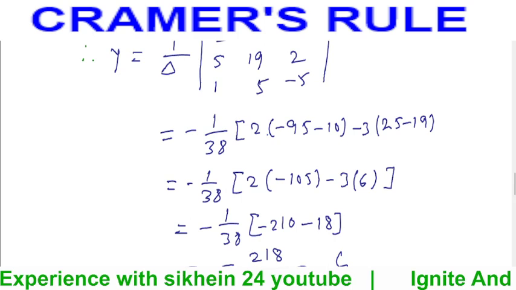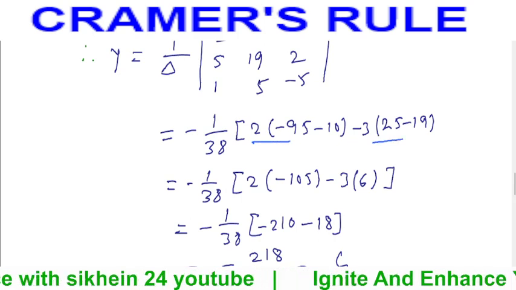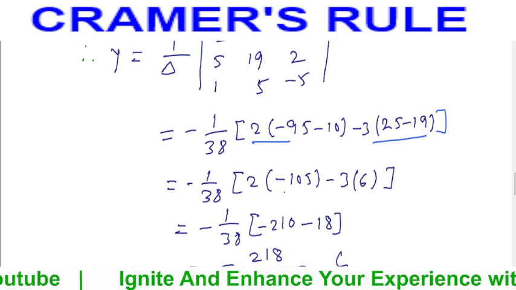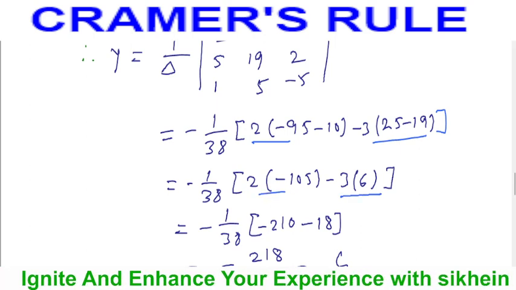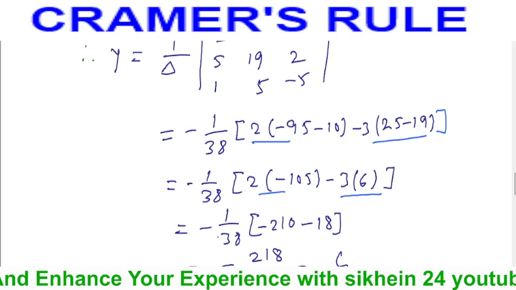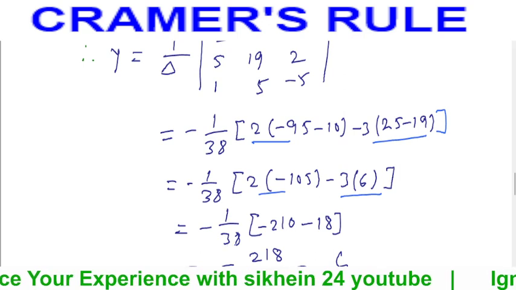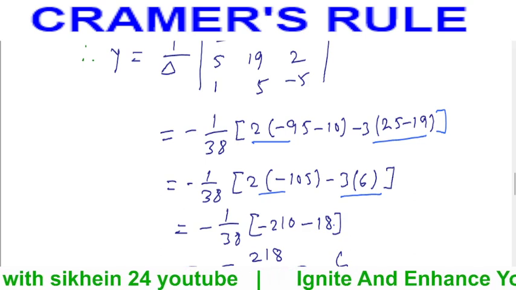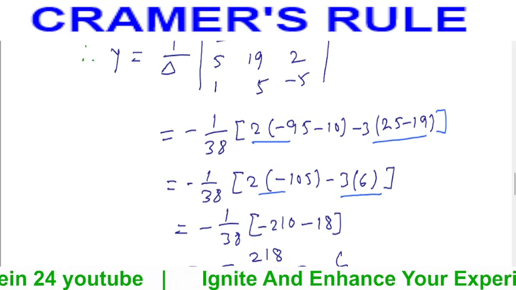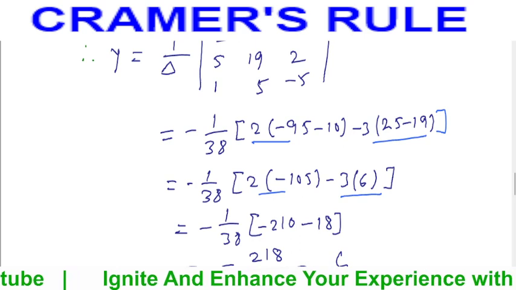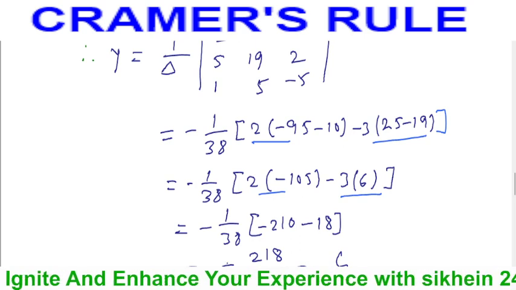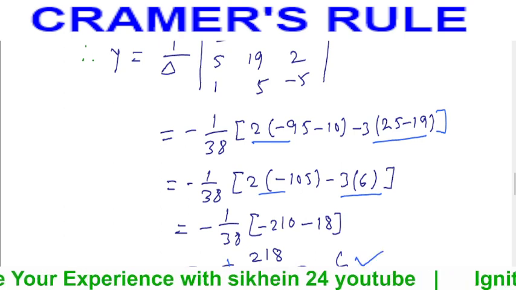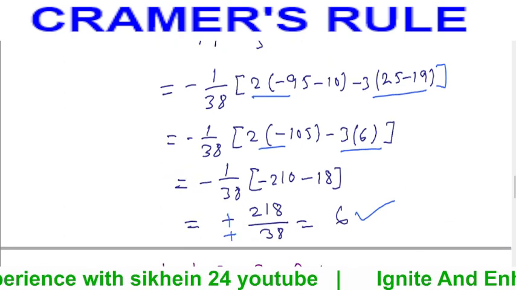Write this one like this one, put the big bracket here and calculate it. What we get, 1 and 5, there is a 6, and here 1 by negative 38, negative 510 plus negative 18, we get negative 228. Then negative 38 into negative 228, we get plus, so we get 6. y equal to 6 here.